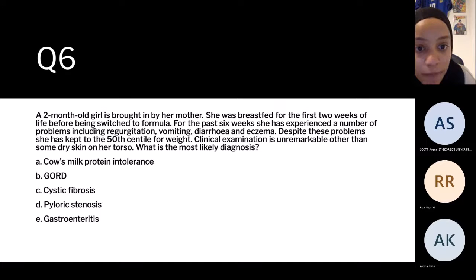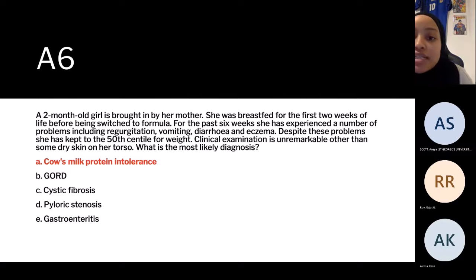The response that we got mostly was cow's milk protein intolerance, which is the correct answer. So if we quickly go through the question, a 2-month girl has been breastfed for the first 2 weeks of life before being switched to formula. For the past 6 weeks, she's been regurgitating her food, vomiting, having diarrhea, and having eczema.